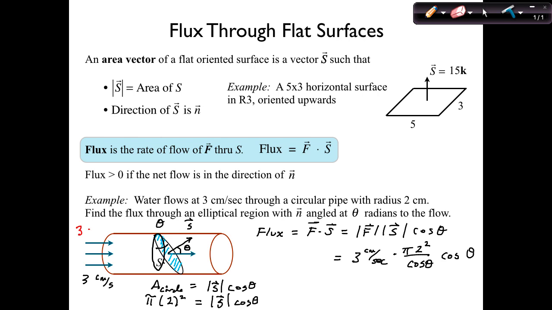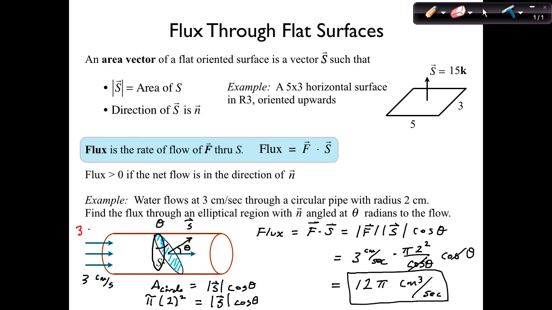See, the cosines go away. So what do we got? 3 times 4 pi, 12 pi. And the units on that will be centimeters cubed per second. So flow rate, right? Volume per second.